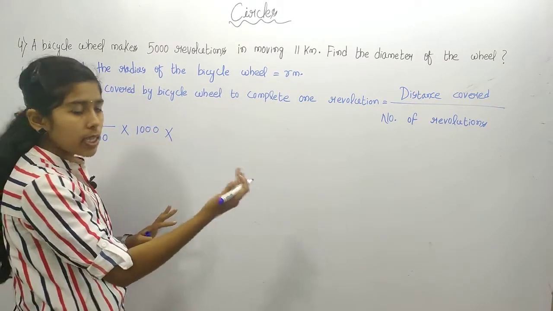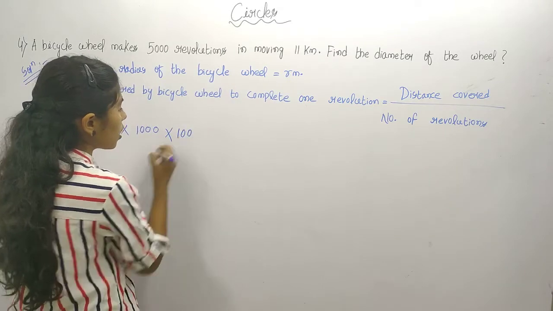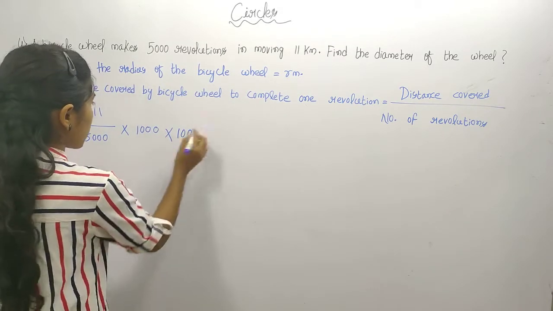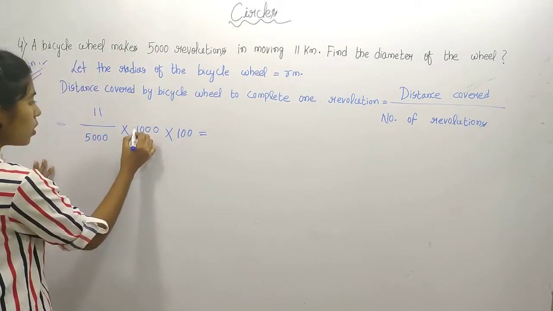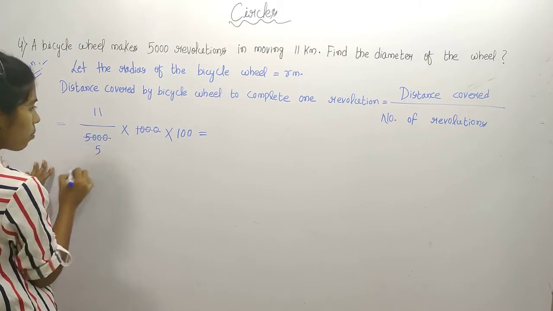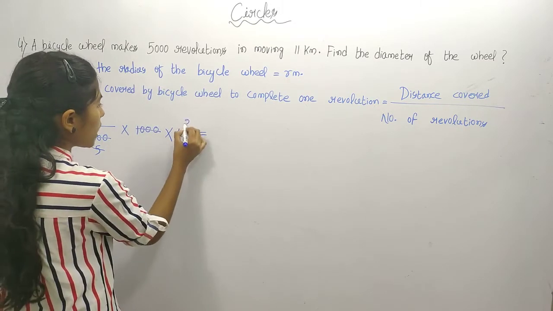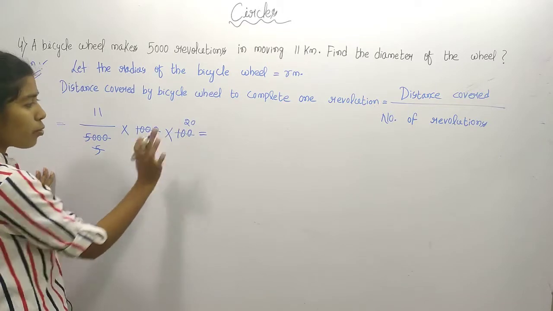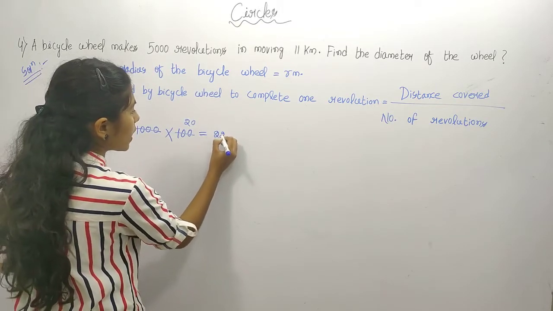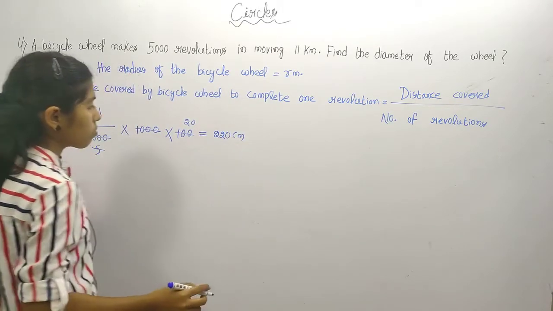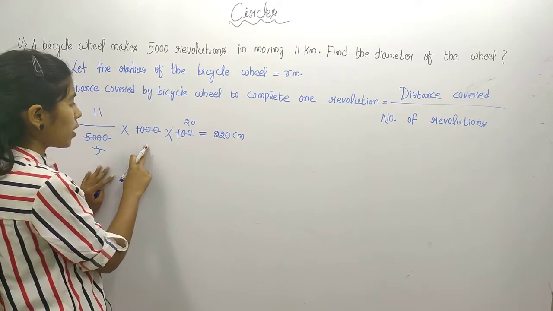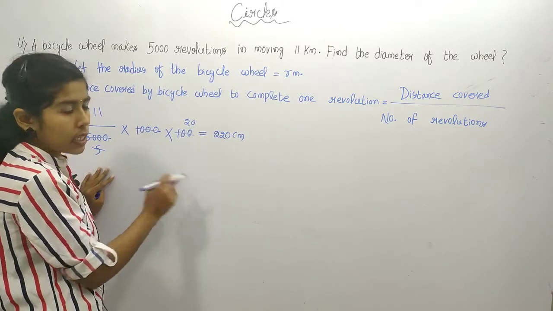So 1 meter is 100 centimeter. So 100. Okay. Next, what you have to do? 1000 into 5 is 5000. 5 into 20 is 100. So 11 into 20 is 220 centimeter. Okay. I have converted it to meter and centimeter.